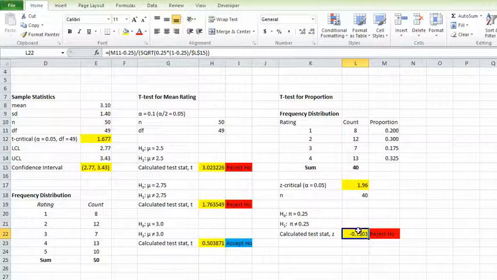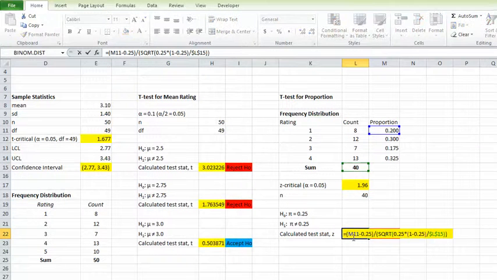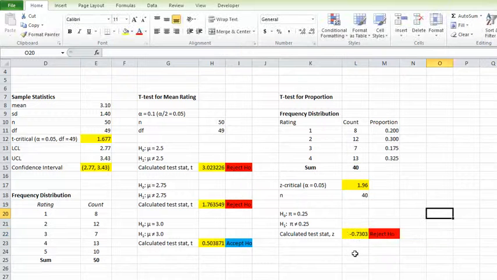Now, why is it negative? Well, it's because of this numerator. We're taking M11, the sample proportion, and subtracting our hypothesized proportion, 0.25, and it makes it negative. So put that in terms of the z distribution. Remember, there's two ends of it, a positive end and a negative end.